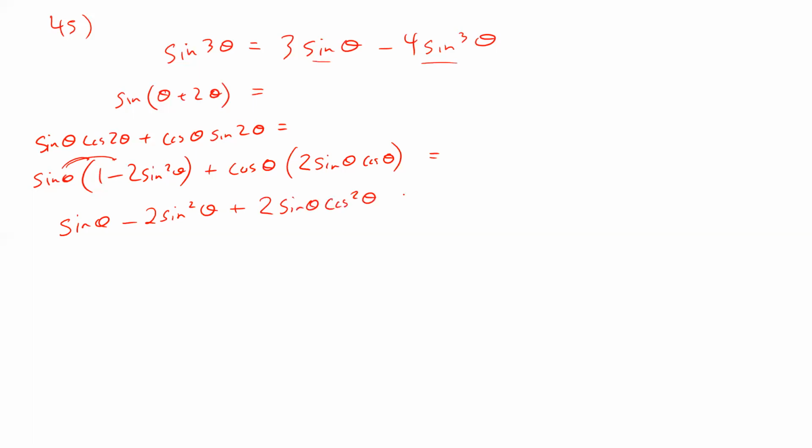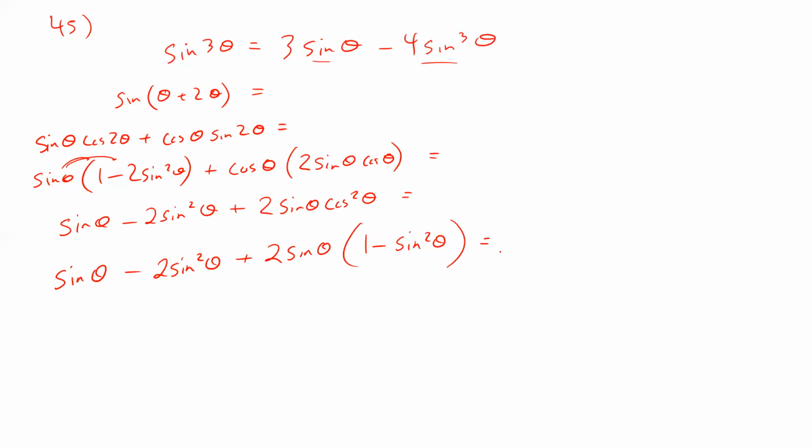Oh, there it is, cosine squared theta. That's how I get rid of that cosine squared. I think I have a Pythagorean theorem on my hand somewhere. This would be 2 sine theta, and the Pythagorean theorem says cosine squared theta is 1 minus sine squared theta.